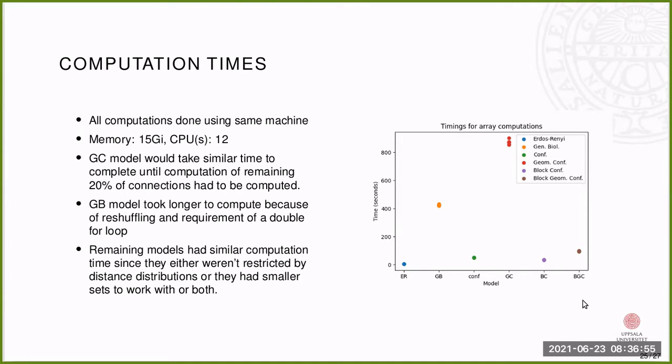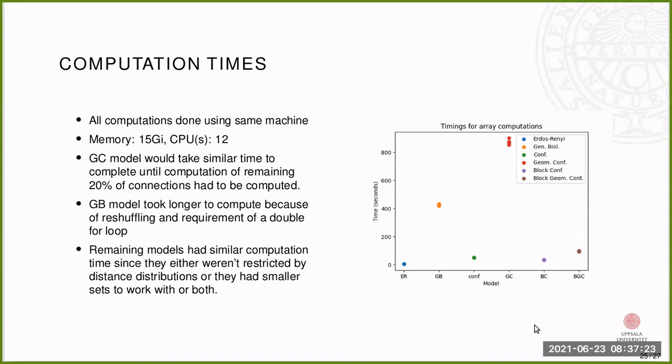We found that because of this geometric constraint, a lot of the probabilities of connections became very small, so it just took a lot longer to actually finish computing this model. The Erdos-Renyi model is very quick to compute, since we're just placing a connection with some fixed random probability.